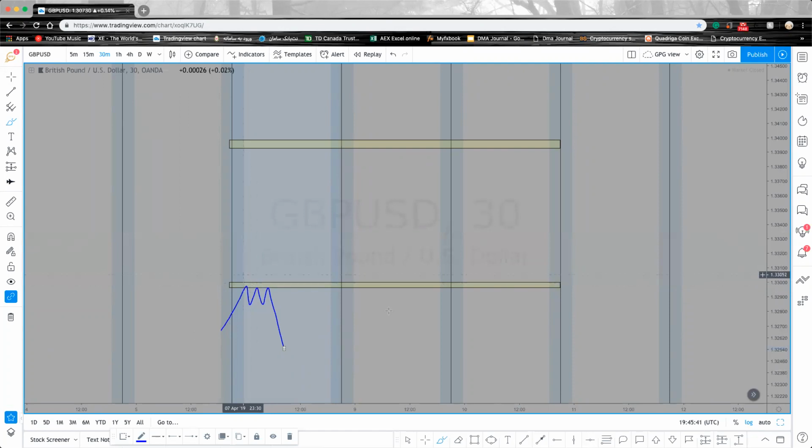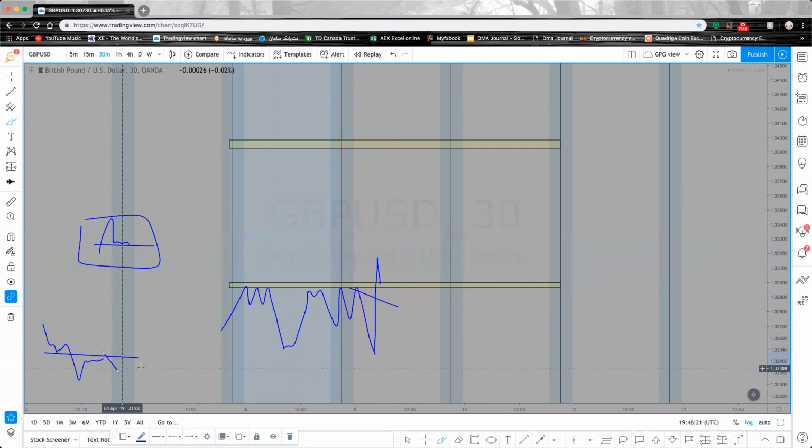In this area, there is a human expectation that it reverses. So the same humans want to see 3 touches to this zone in order to validate it for themselves that they can sell it. And if it is broken, they retest it. This is one of the rules of retail: support becomes resistance, or in this one, resistance becomes support, or support becomes resistance, so they can sell it.